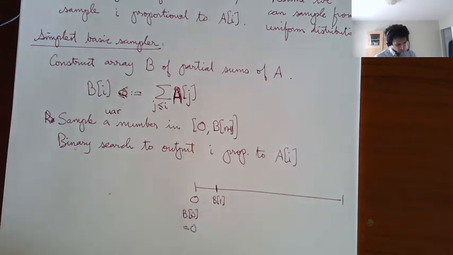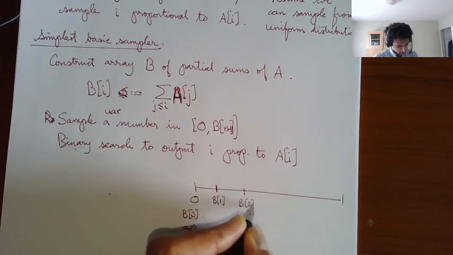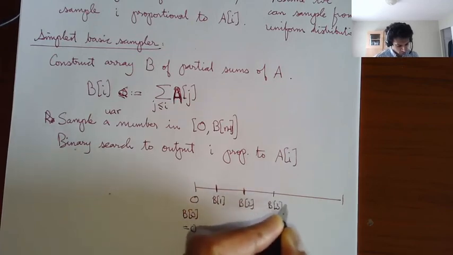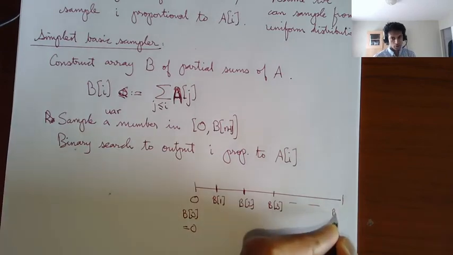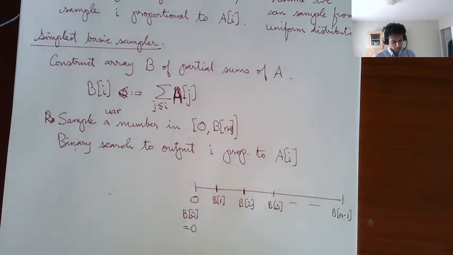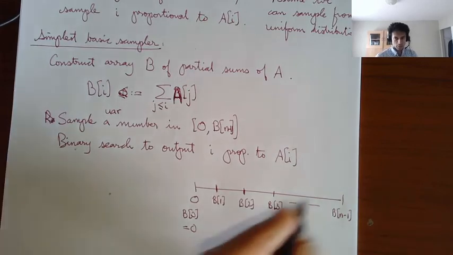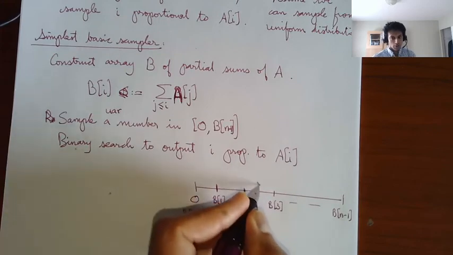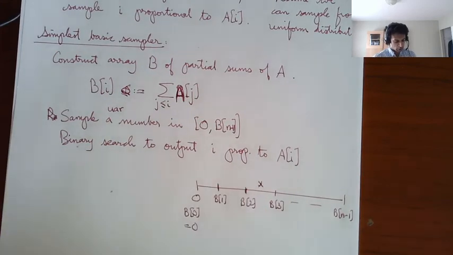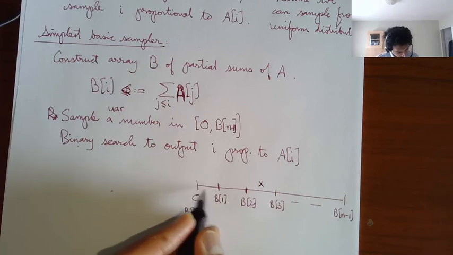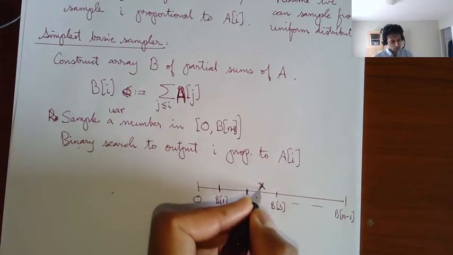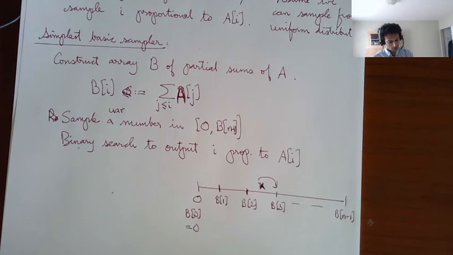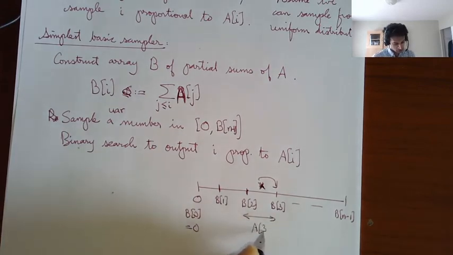Then you have b of 1, b of 2, b of 3, and so on until you get to b of n minus 1, the sum of everything. You randomly sample something here, and then I output 3, because this is exactly a of 3, this is a of 2, this is a of 1.